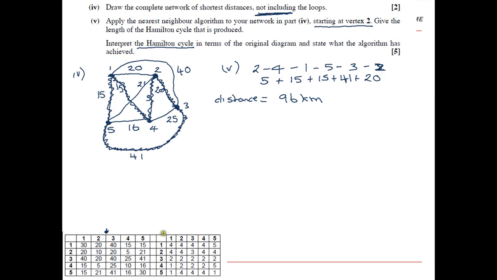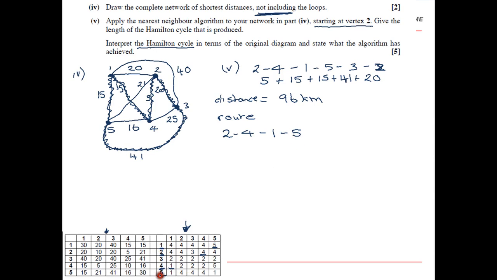So if I use my matrices down here to help me at this point, if I go from 2 to 4, you'll notice it's a direct route from 2 to 4. So 2 to 4 is fine. Once I'm at 4, I'll go over here. I want to go to 1, and that's also a direct route. Then when I get to 1, I want to go to 5, which is also direct.